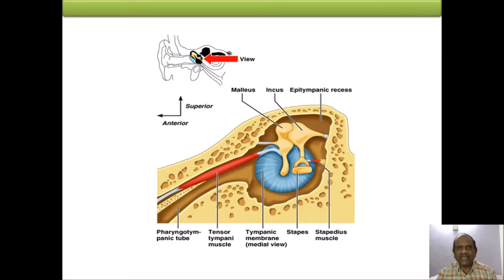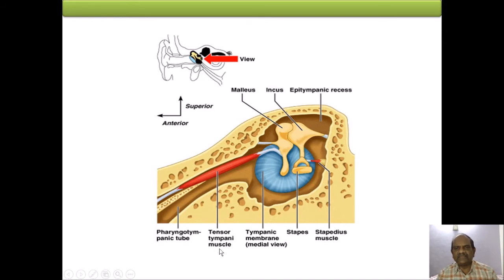You can also see there are two types of muscles present here. One is attached to the stapes, called the stapedius muscle, and the other, attached to the tympanic membrane, is called the tensor tympani.